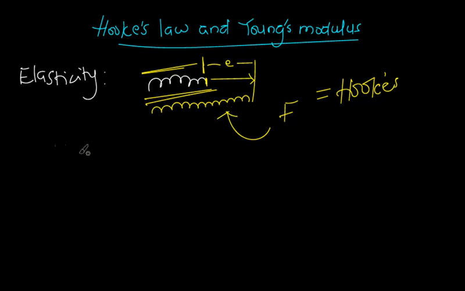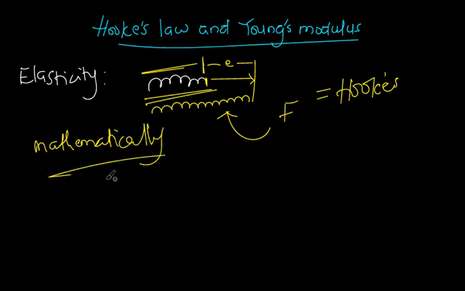So what does this mean mathematically? Mathematically, it means the force in an elastic material is proportional to the extension in the material. Now we know that whenever we remove a proportionality sign, we tend to introduce a constant.